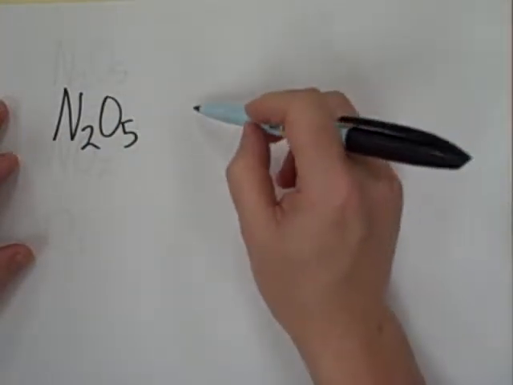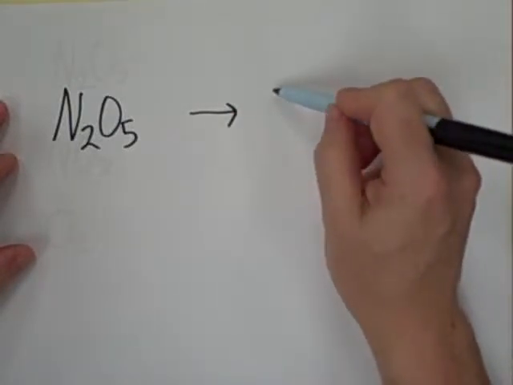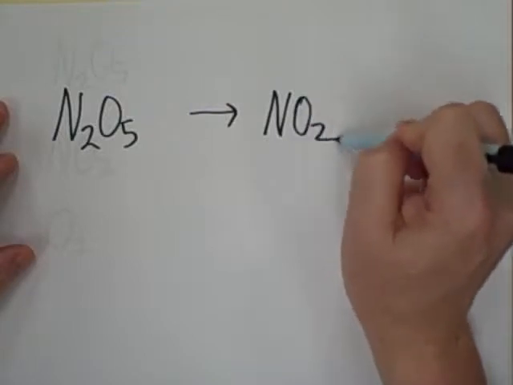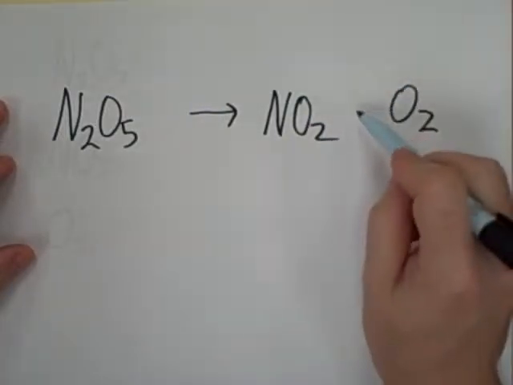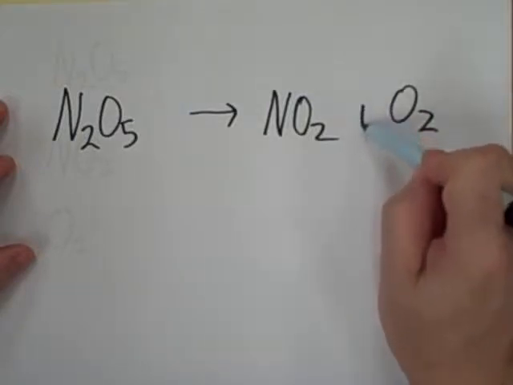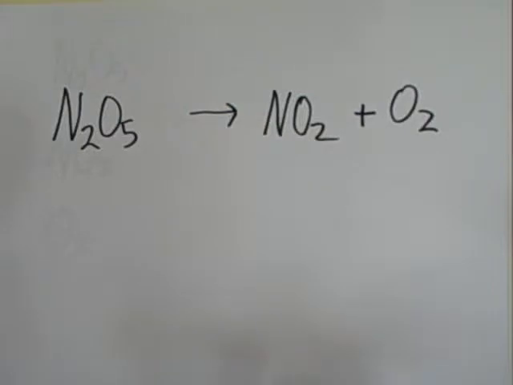And then nitrogen dioxide and oxygen are our products, so we're going to put them on the right of the arrow, NO2 and O2. Now if we have multiple reactants or multiple products, we separate them with pluses to show that they are different from each other.